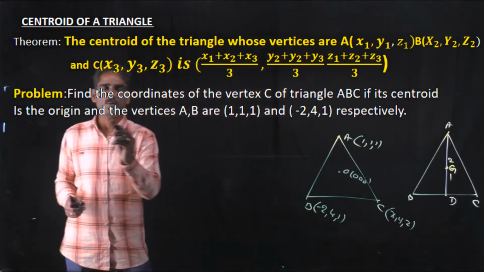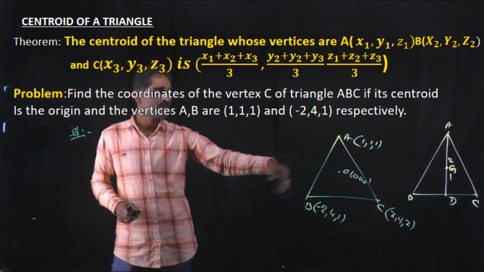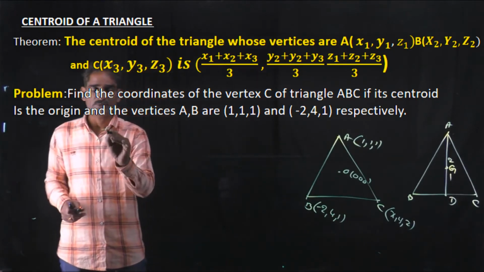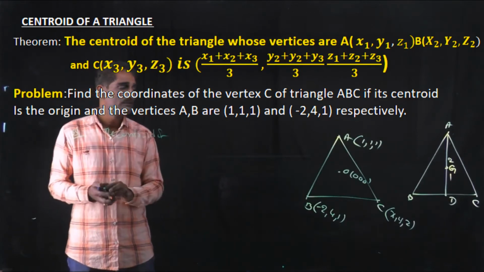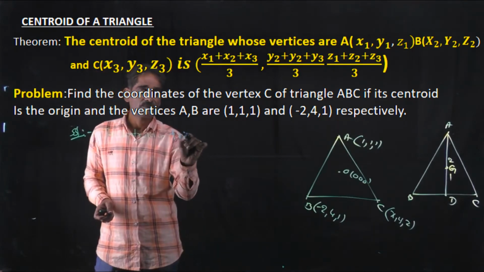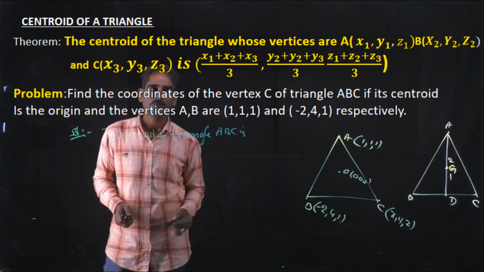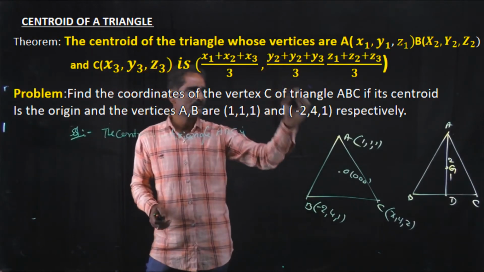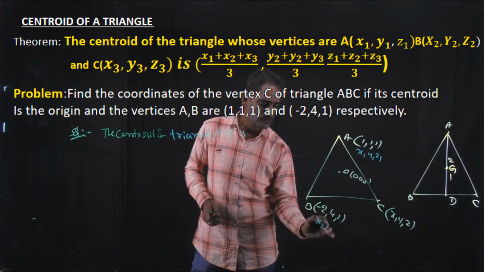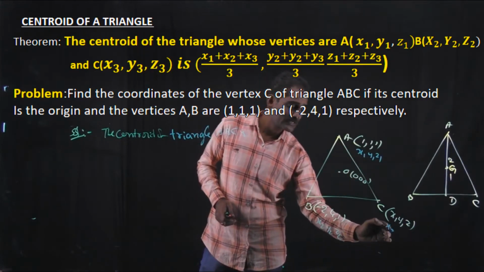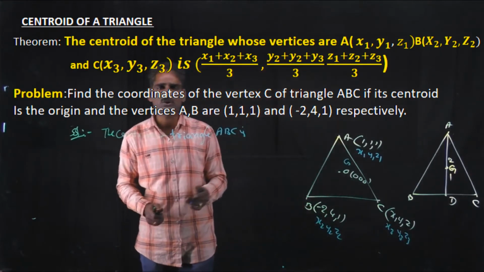So now come to the problem. Apply the centroid formula for triangle ABC. Let this point be x1, y1, z1, this x2, y2, z2, and let it be x3, y3, z3. This is the centroid, and we are given that the centroid is 0.